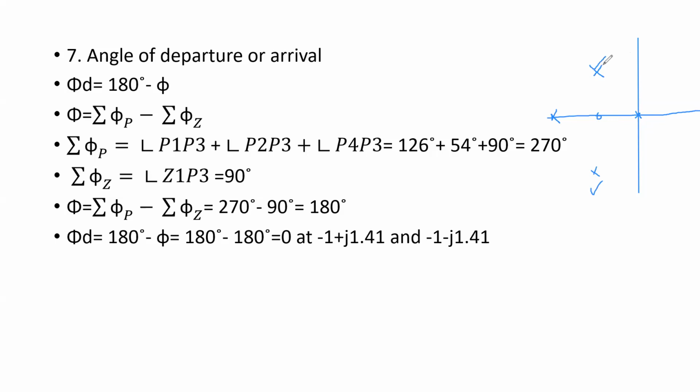To calculate that, we have to find what angle this pole makes with respect to each of the others: with respect to this pole, as well as with respect to this 0.